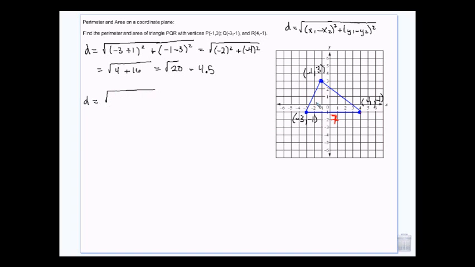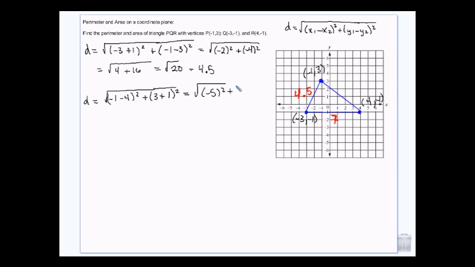Then I'll find the distance of the next side. So this side is 4.5. Using these 2 points, I have -1 minus 4 plus 3 minus -1, so 3 plus 1.